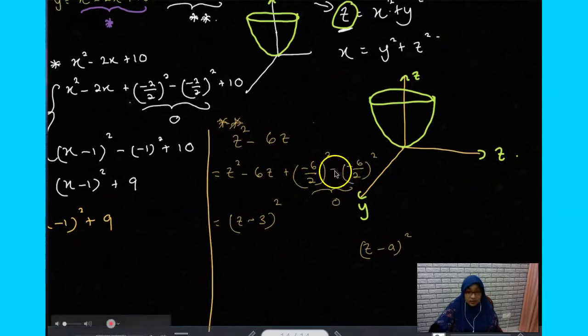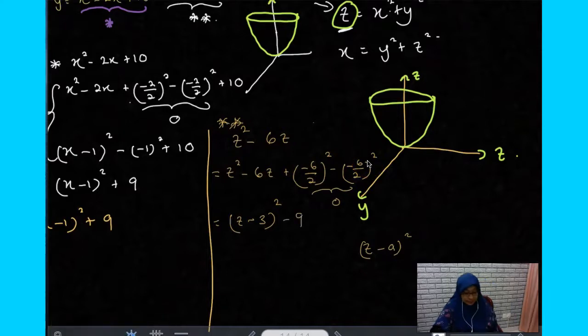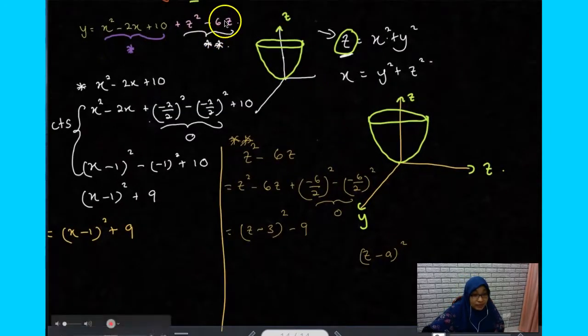And then the rest you just evaluate this. So 3 squared, so minus 9. Okay, so that is your new form of your double star. This one, z squared, has been transformed into this using completing the square. So this is the completing the square technique.